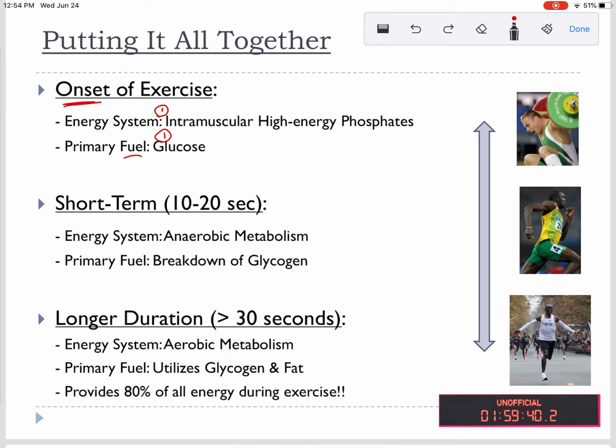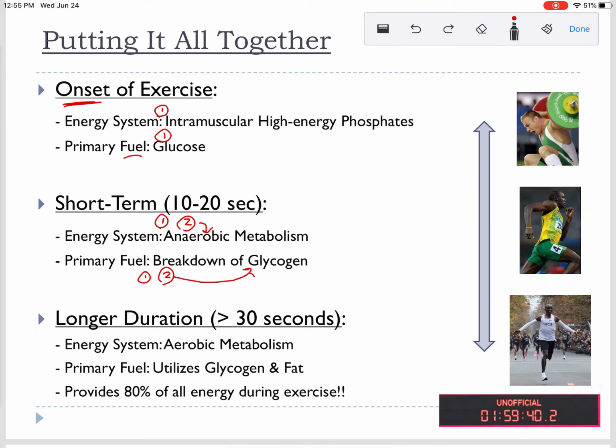Let's say we get to a 15-second activity. Usain Bolt's 100-meter sprint, just over 10 seconds. So he utilized the intramuscular high energy phosphate plus this energy system, the anaerobic metabolism. He used glucose, but now he's also using glycogen. And then let's go to a longer duration. Here we have a marathon runner, Eliud Kipchoge.